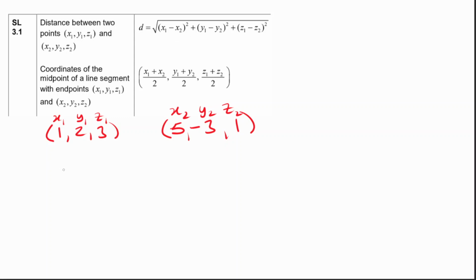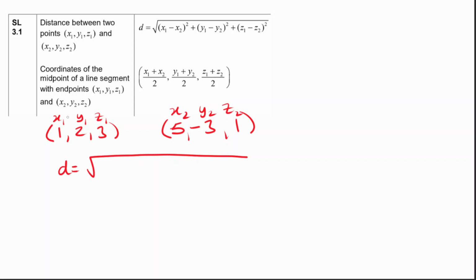So let's go through this one. Let's find the distance first. According to this formula, it's the square root of x1 minus x2, so 1 minus 5. It doesn't matter which way around you get them, because you're going to be squaring the differences anyway, but let's just keep with the formula.